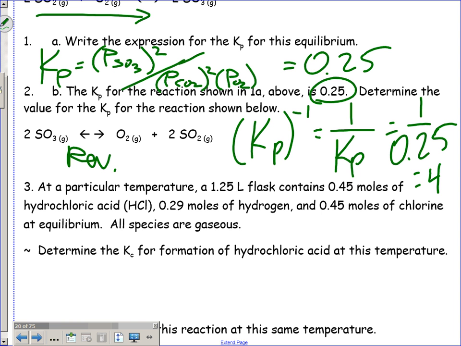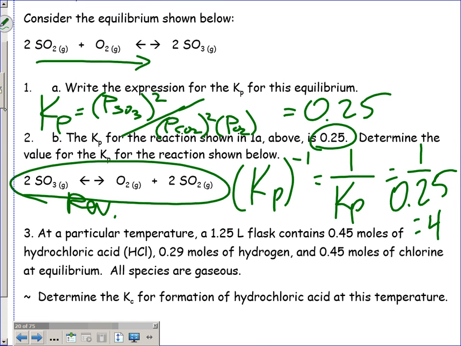Are you picking up what I'm putting down? This reaction is not favored in the direction it's written right here. And it's likely because O2 and SO2 are more stable than sulfur trioxide. Mostly about stability and energy relationships.